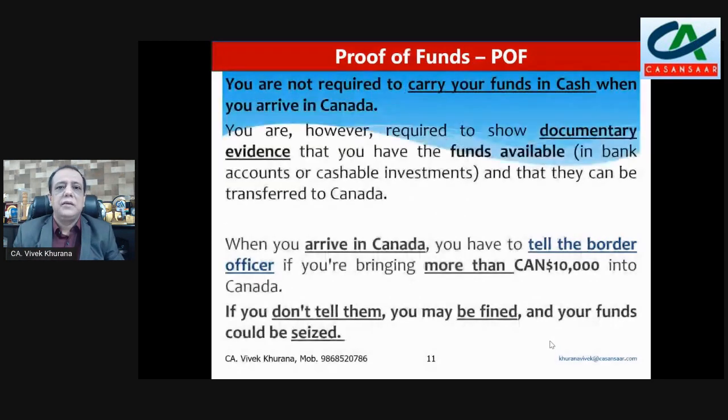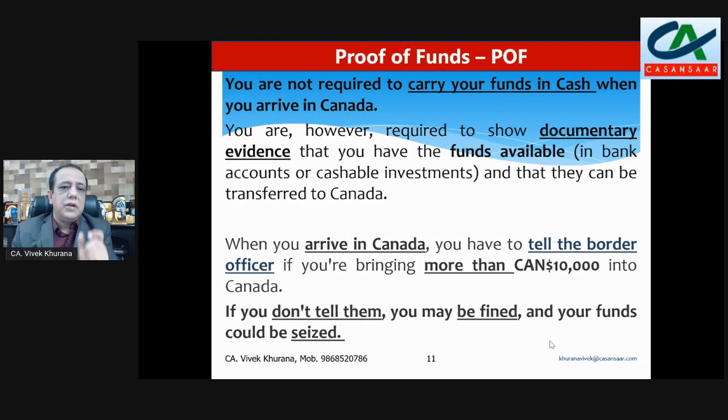But main thing what we want to discuss is कि क्या क्या आपको show करना है as a proof of fund. And second thing, another query was whether we have to carry this proof of funds to Canada. No, no need to carry these funds as cash into Canada.